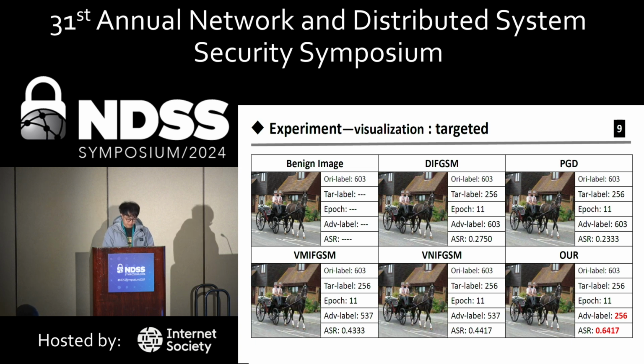Epoch represents the iteration round of the attack. ASR is the attack success rate against the target model. And the adv label represents the predicted label of ResNet 50. From the graph, it can be seen that only our method successfully misleads the target classifier to classify as the specific label.